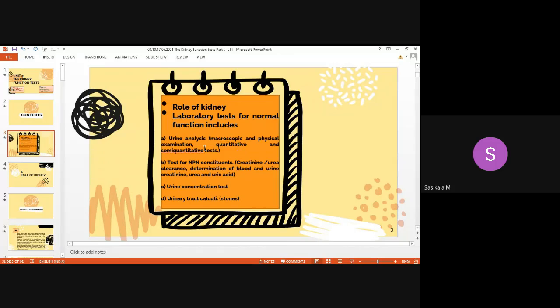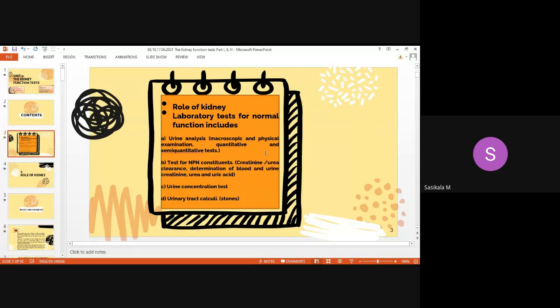For quantitative and semi-quantitative tests, just refer to your lab manual and observations, the qualitative and quantitative tests you have done for normal and abnormal constituents of urine. Those tests you have to study well. Quantitative estimation of urine chloride, creatinine, sugar, calcium, all of this you have performed, so those tests are included under urine analysis.